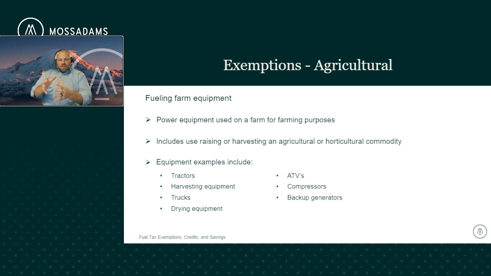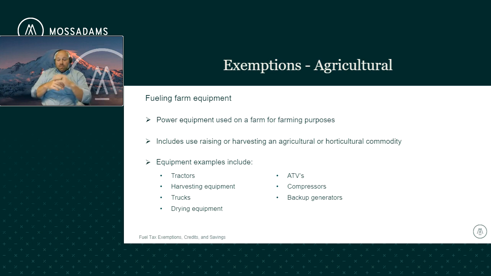I know, in my family farm, we buy bulk gas, have it delivered to the farm, and that goes in pickups, trucks, ATVs, tractors, you name it, it all gets brought off of the same tank. And so tracking that information and applying for the credit is the easiest way to do that. The thing to keep in mind here, if you're going to claim the ag exemption, is it does have to be for raising, feeding, caring for some sort of horticultural or ag commodity.